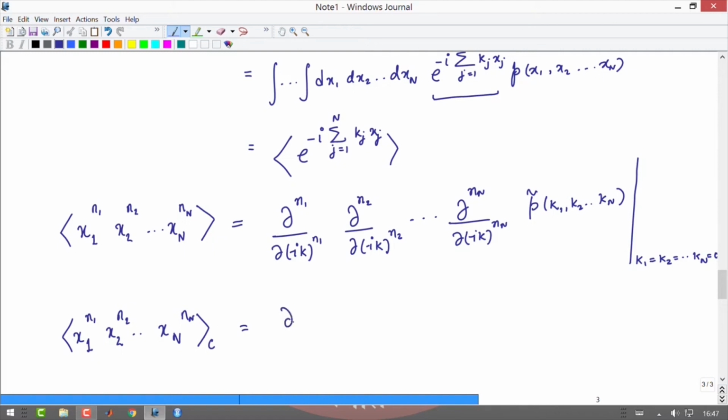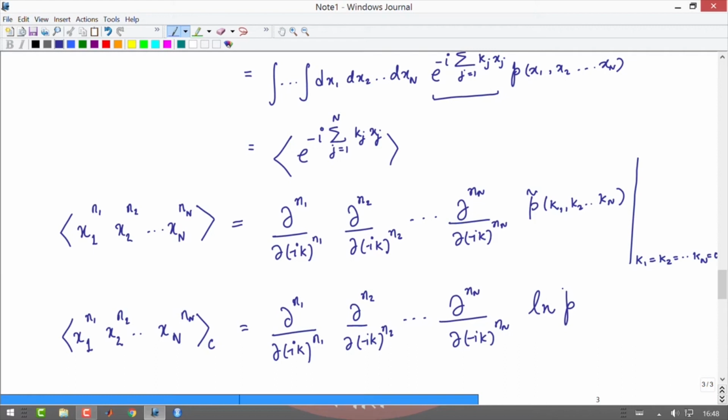So you take these ordered derivatives of the logarithm of the characteristic function, which is the cumulant generating function. Again, this is taken at k equals 0.